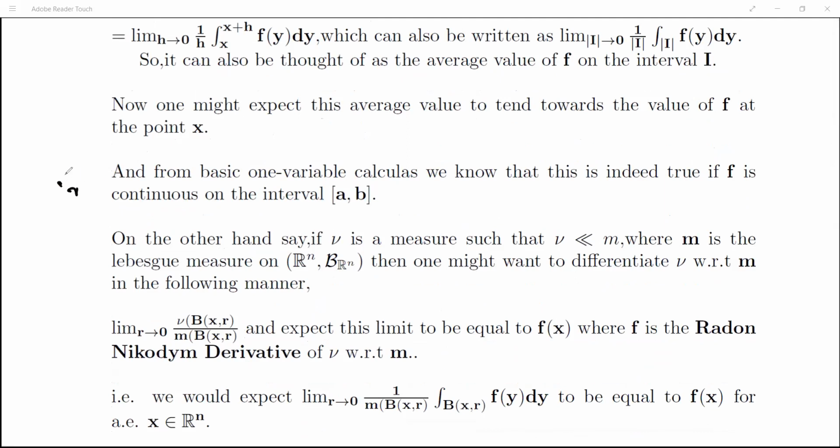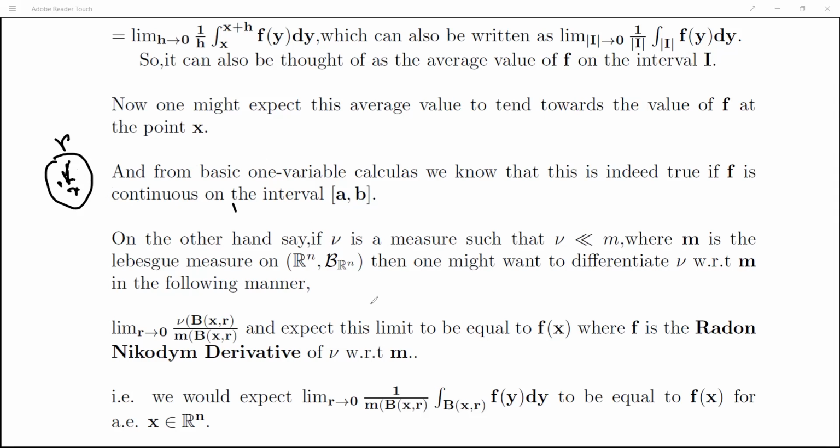So this is my ball, and you want to compare the measure nu, divide by the Lebesgue measure of this ball, and take the limit as r tends to 0. That's how you calculate the Radon-Nikodym derivative of nu with respect to m.